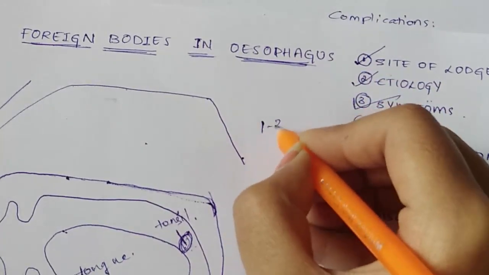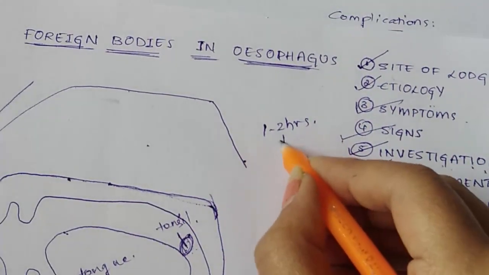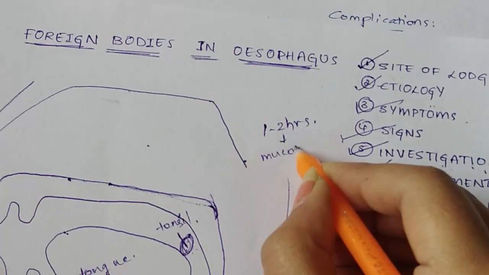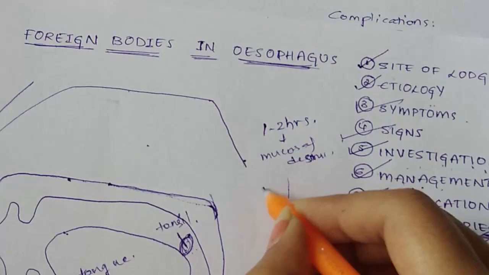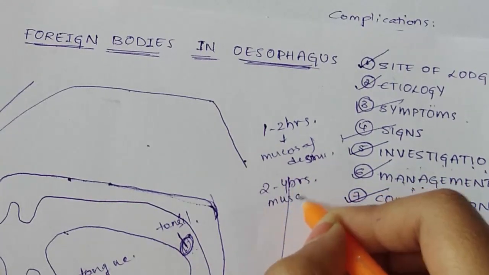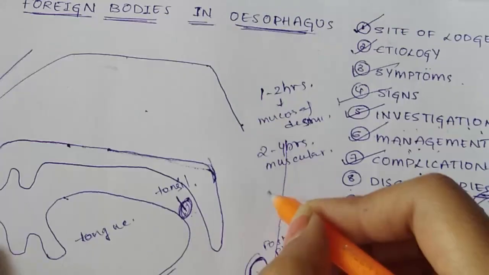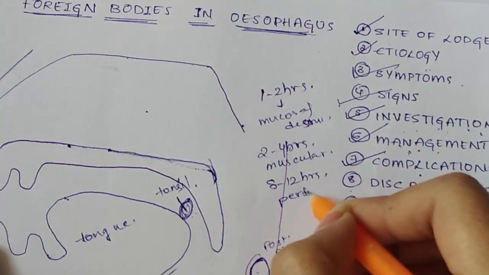After 1 to 2 hours of ingestion of these disc batteries, that can cause mucosal destruction of esophagus. There will be destruction of mucosa. In 2 to 4 hours, there will be muscular destruction. Muscle layer will get destructed. In 8 to 12 hours, there will be perforation.